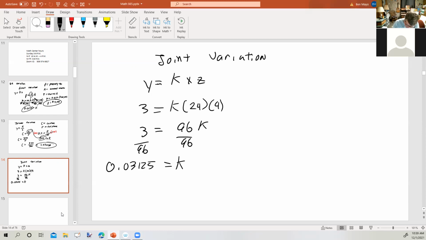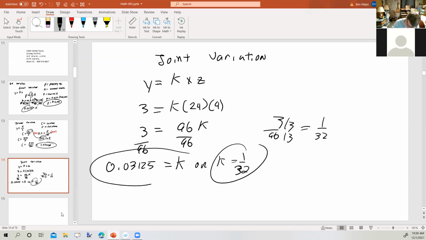Or we could reduce it down by taking 3 over 96 and dividing the top and the bottom both by 3, and we get 1 over 32. So k is 1 over 32, or k is that decimal. All right, with that, we're going to go on to chapter 9. So let's get going here.